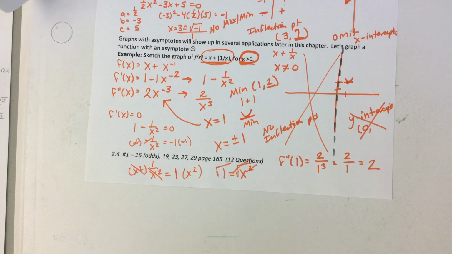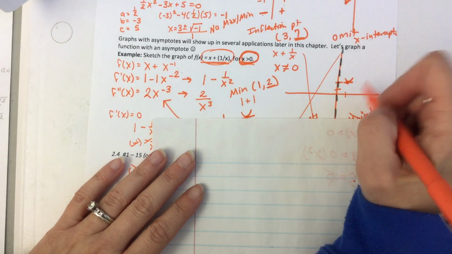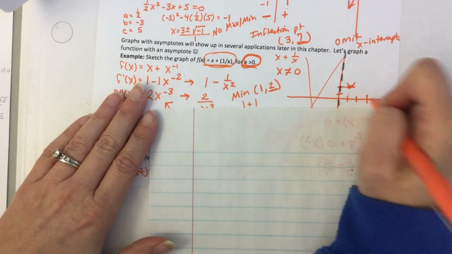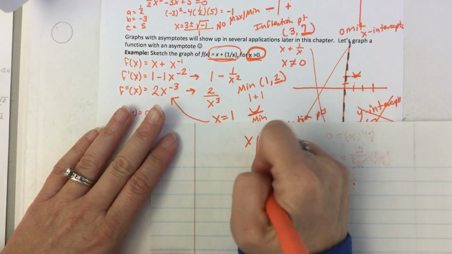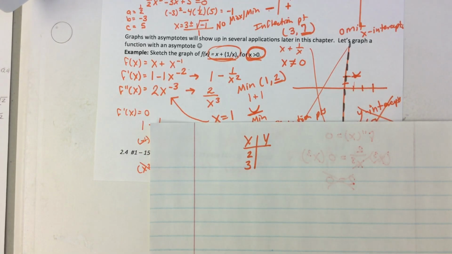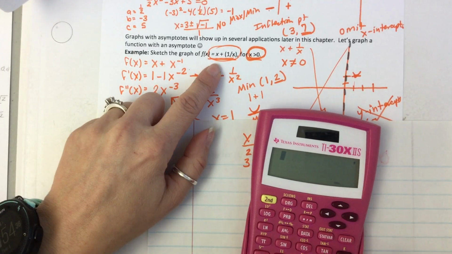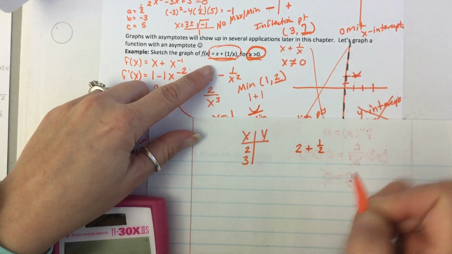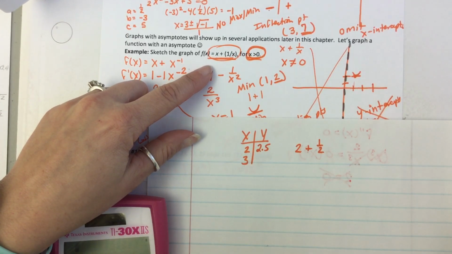So we go back to the good old XY table. If I want to know how high or how low this graph is going, I'm going to put in a few points. This is 1. I'm going to put in a 2 and a 3. If x equals 2, let's go to the original: 2 plus 1 over 2 is 2.5.